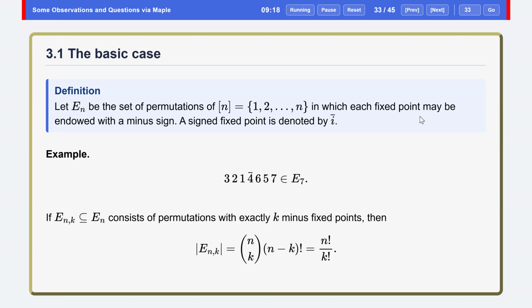Like 4 is a fixed point but has a bar, 2 is a fixed point without a bar. So E_n is a kind of set of extended permutations. And now we use E_{n,k} to denote the permutations with exactly k minus fixed points.